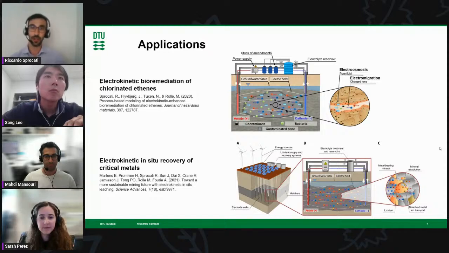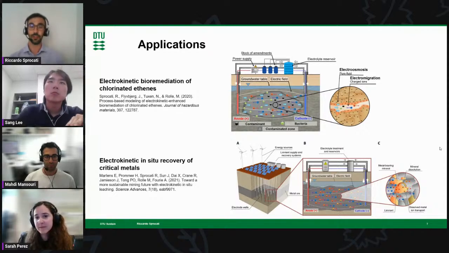At the same time we used electroosmosis to mobilize the organic contaminants, in this case chlorinated solvents, so PCE, TCE, and so on, and to deliver bacteria. We did process-based investigations, and this has also been done in the field.